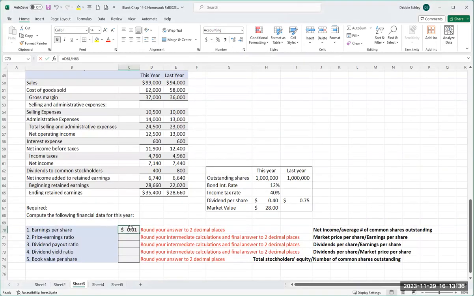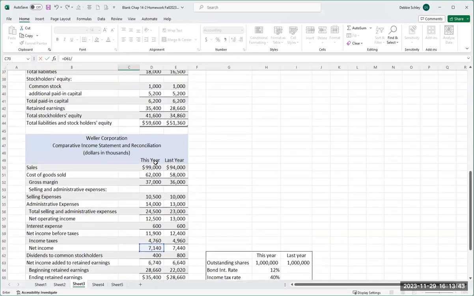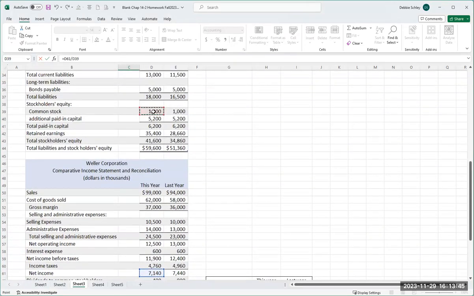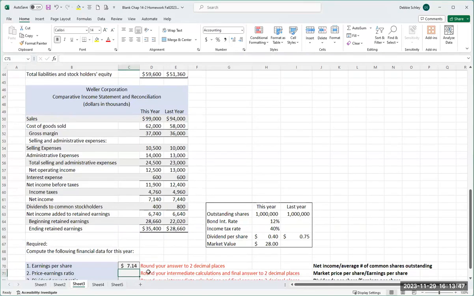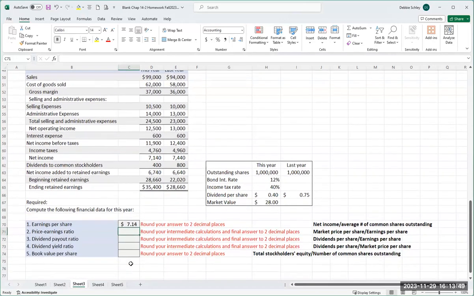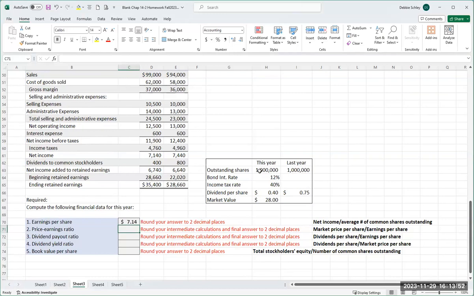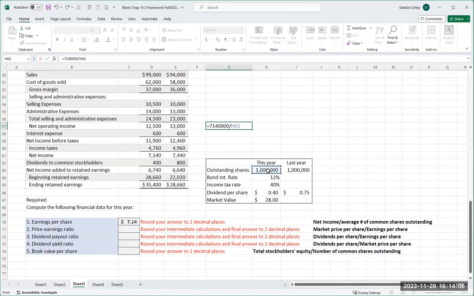Let's try that again. Equals net income divided by 1,000. So $7.14 is my earnings per share. So hopefully you understood that. I could have done it the other way and done equals 7,140,000 divided by 1 million and still got the 7.14.